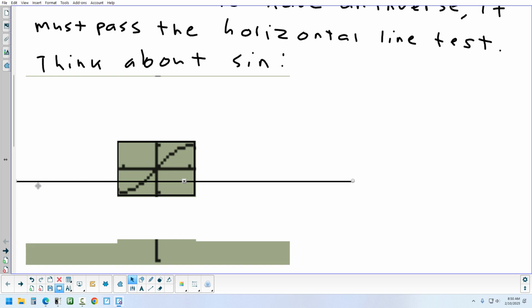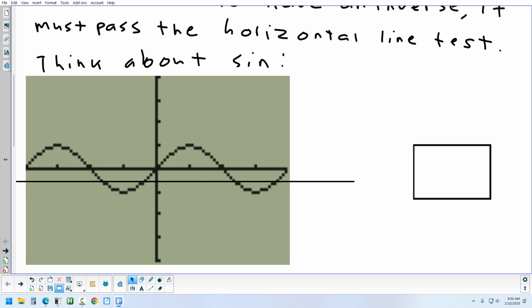So the key is we have to figure out how far left and right those tick marks are. We're going to focus on going from here to here. That's the section we're going to consider when we talk about the inverse.